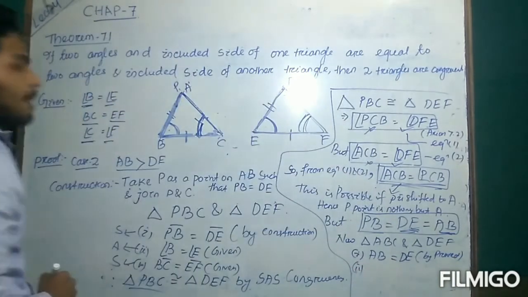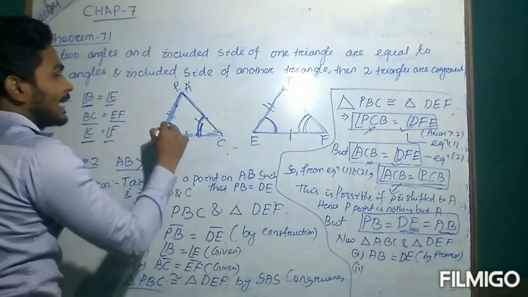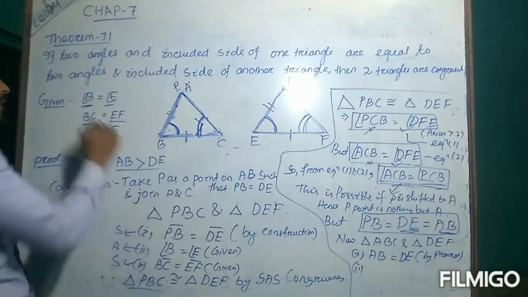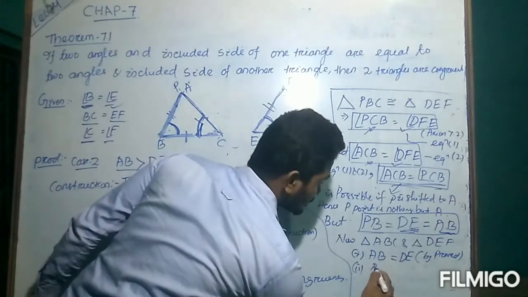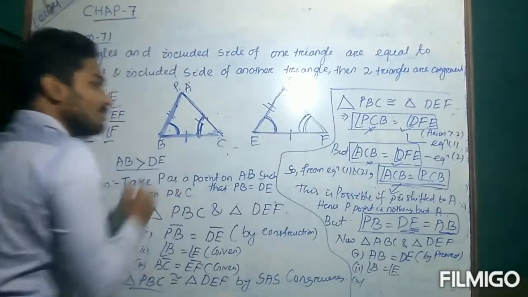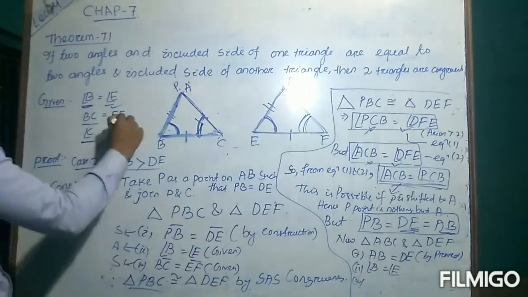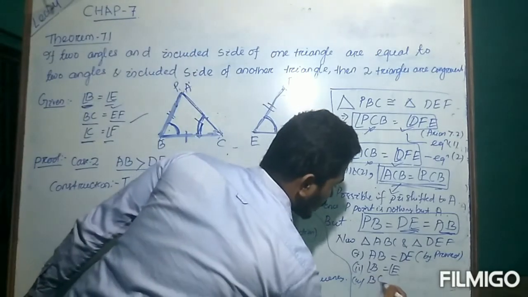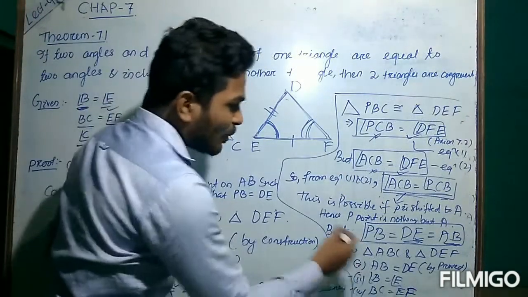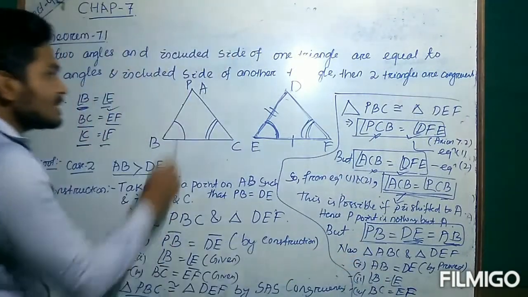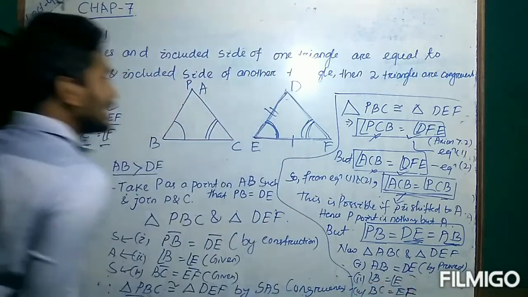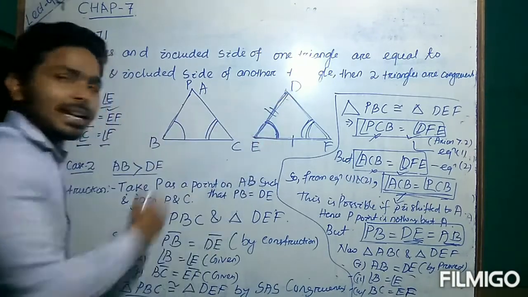Second, this angle is equal to this angle. It is already given that angle B is equal to angle E. Third, BC is equal to EF because it is given. Now in triangle ABC and triangle DEF, AB is equal to DE, so this side is equal to this side.